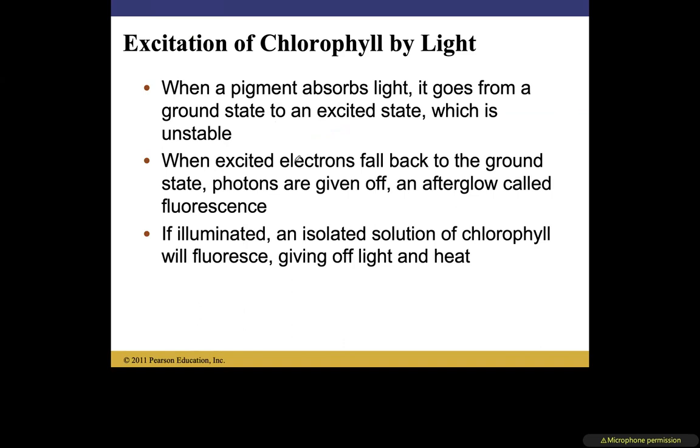And so they'll try to fall down to a ground state. When we say ground state, it means a lower state of excitement. Photons will be given off. And when photons are given off, if there are no other molecules there to receive those photons, a glow will take place. And that glow is called fluorescence.